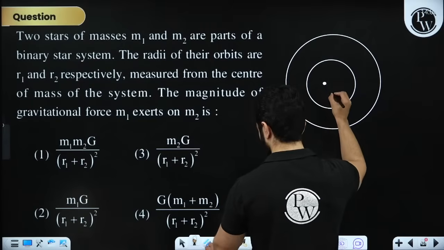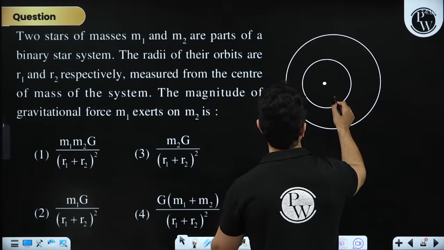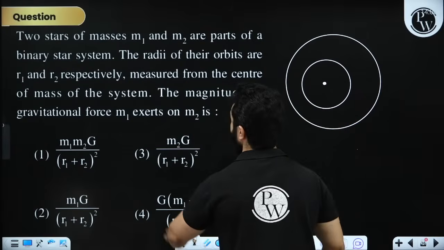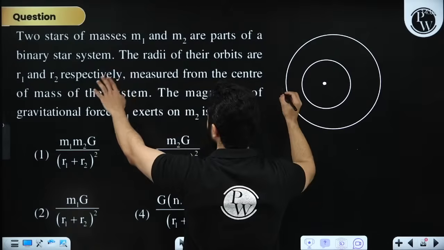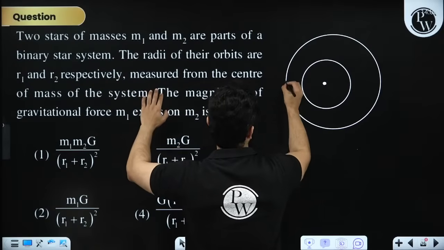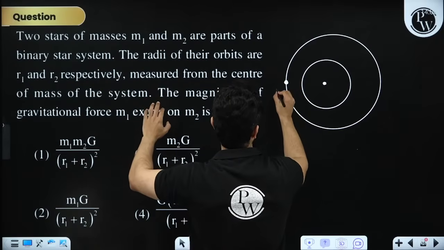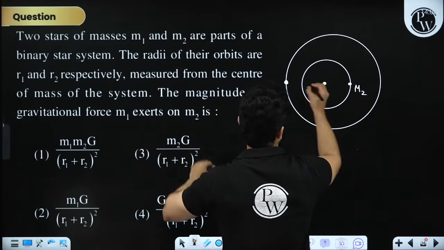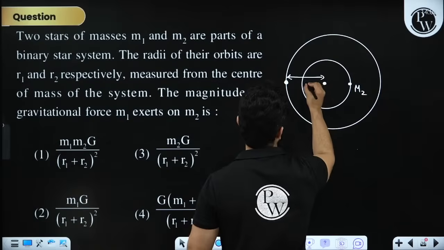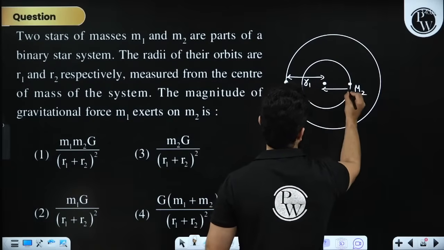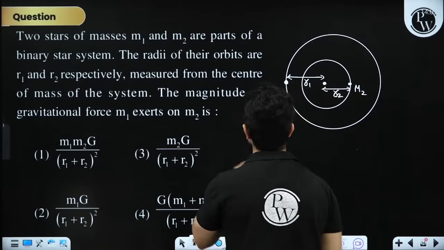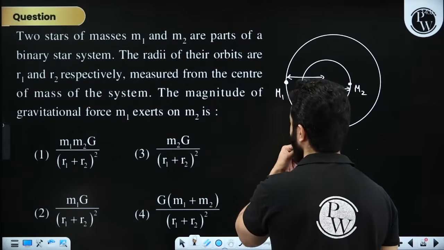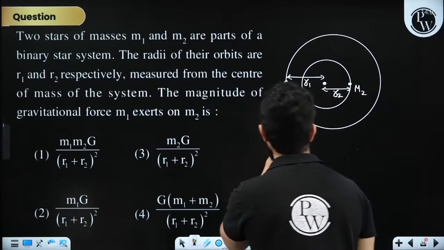Right. Now please see. They are saying M1 and M2 and R1 and R2. So let's say this is M1, this is M2. So this is R1 and this is R2. Clear? And then they are saying the magnitude of gravitational force on M1 and M2 will be.